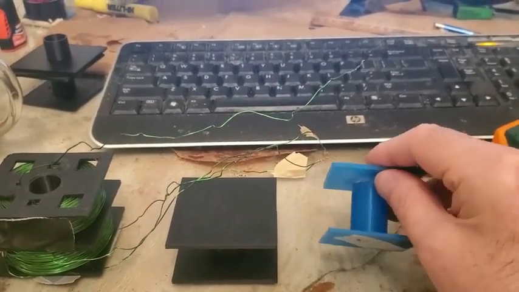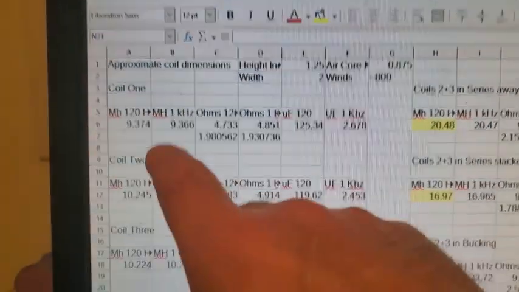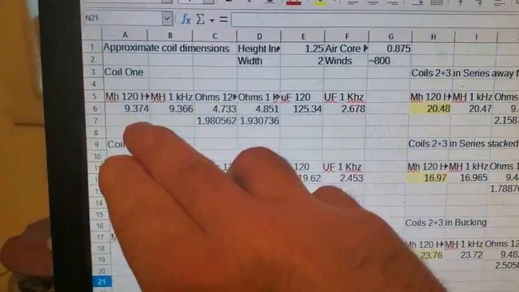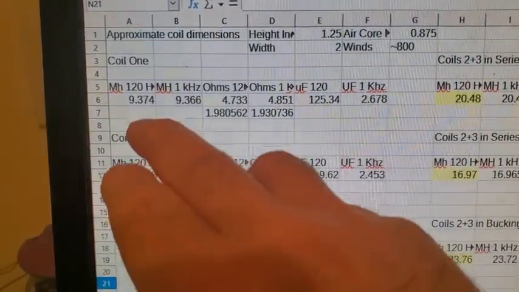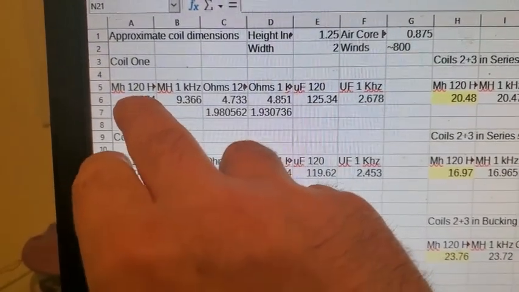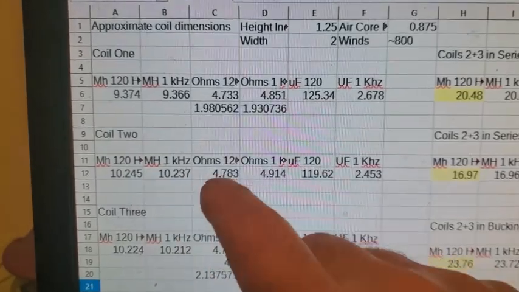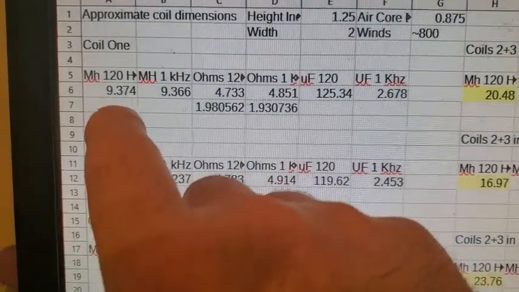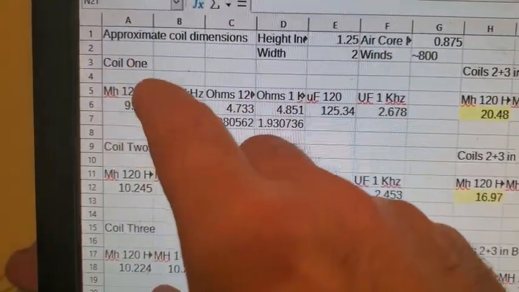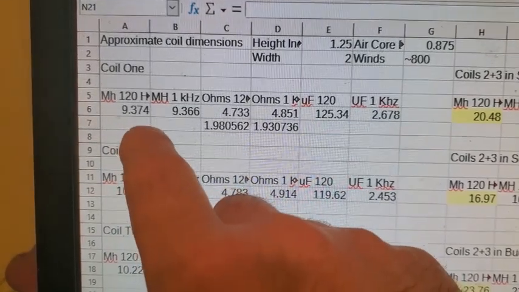But really what I did, I would take this and here's the data for that from an LCR meter, for coil 1, coil 2, coil 3, the inductance. I'm looking at it at a 120 hertz and 1 kilohertz sample rate. That might be a little bit of overkill, but seeing as I'm flying blind and don't know what I'm doing, I'm just gathering everything.